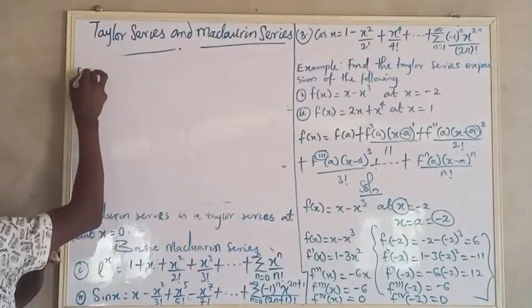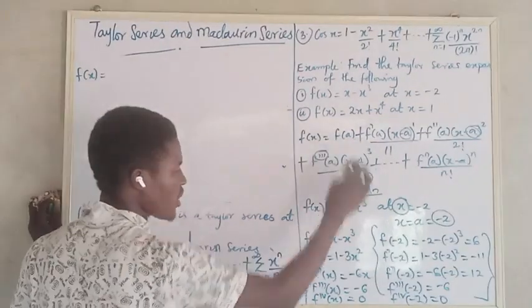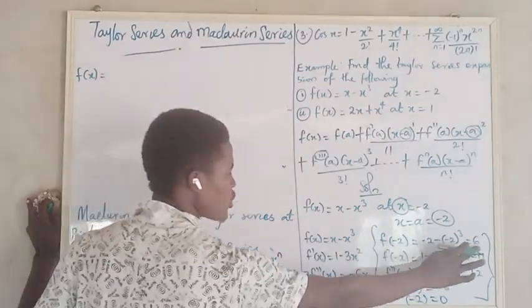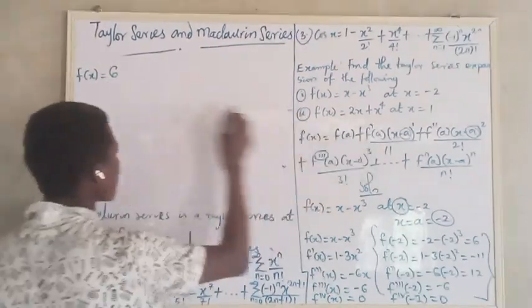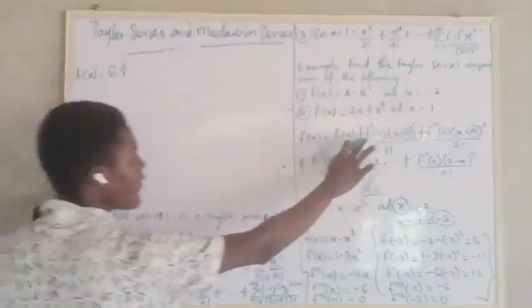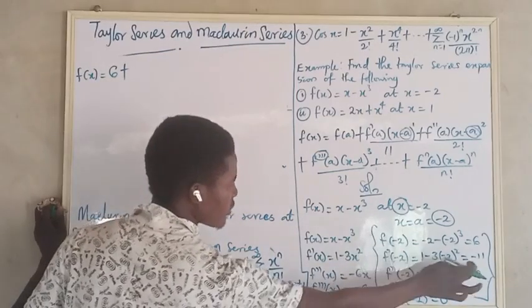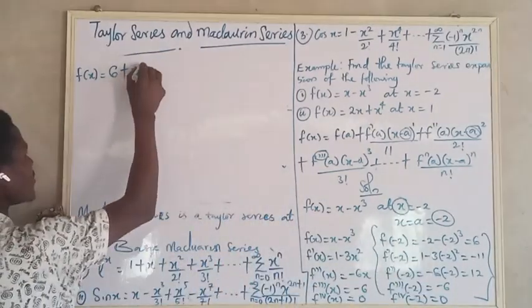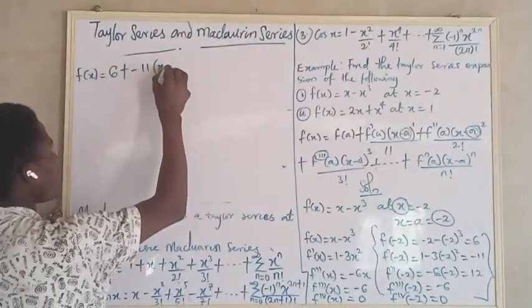So our f of x will now be what? F of a. What is your f of a here? Your f of a is what? 6. So you write 6 plus f prime of a. Your f prime of a, which is what? Minus 11. So we have minus 11, open bracket, x minus a.